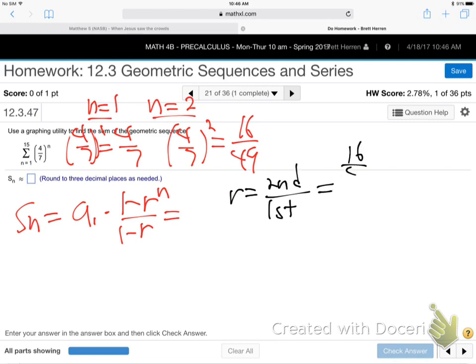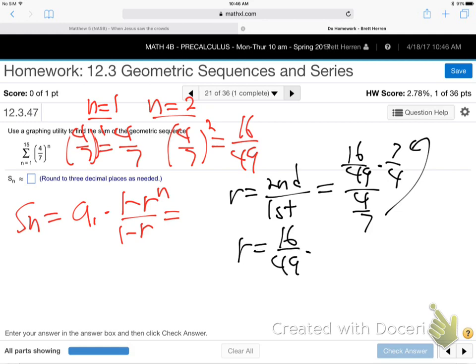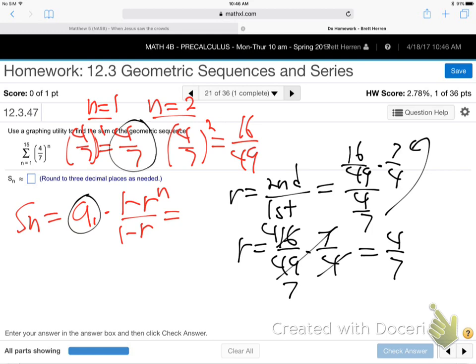So it's 16/49 over 4/7. Flip this guy up, 7 over 4, multiply. 7 goes into 49 7 times, 4 goes into 16 4 times. R is 4/7. And what's A1? It's also 4/7. Everything is 4/7.